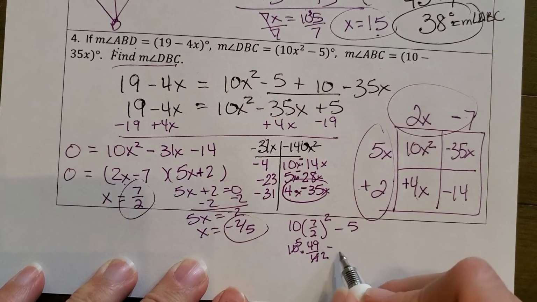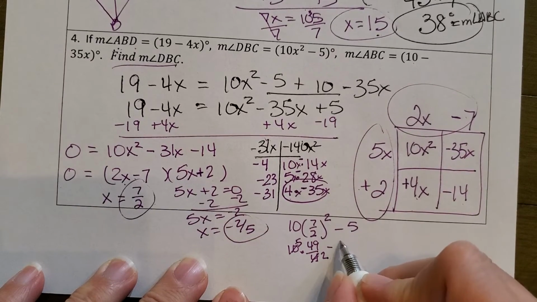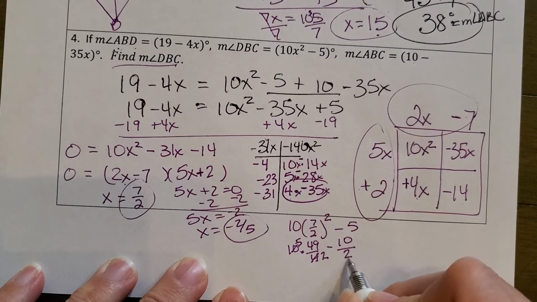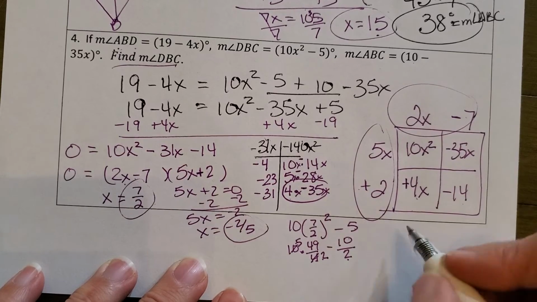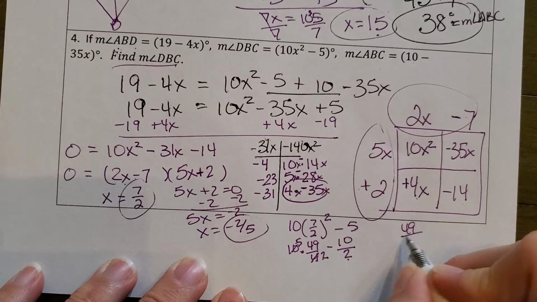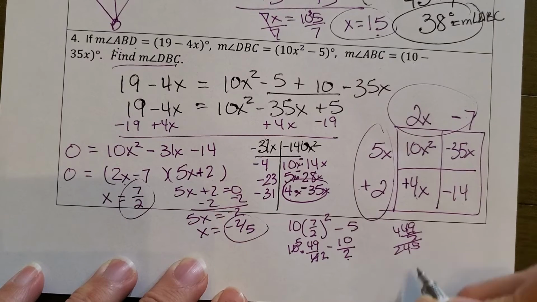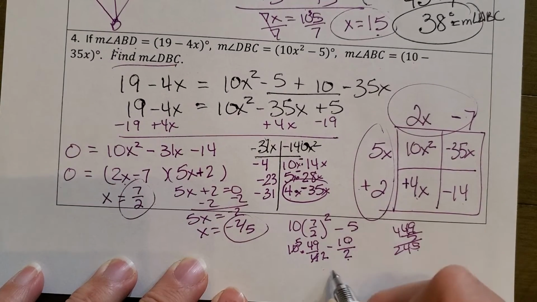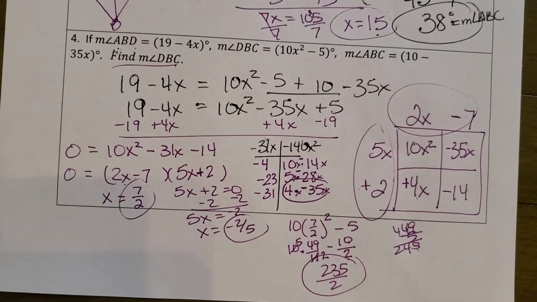Because they're fractions, I'm going to make this with a denominator of 2 by multiplying 5 by 2, because 10 divided by 2 is 5. So 49 times 5, let's do that real quick. Whoops, times 5 is 45, 20, 245. But then I have to subtract 10, which will be 235. So one of my answers is going to be 235 divided by 2.